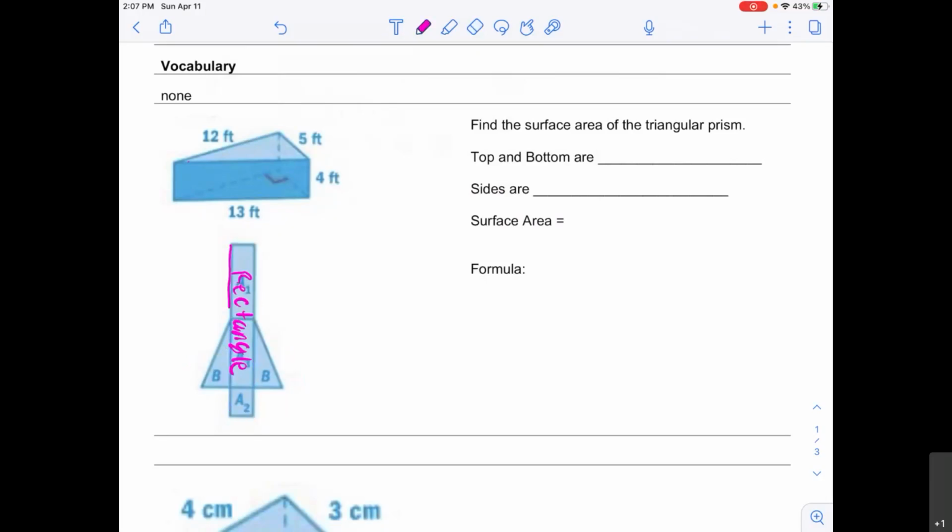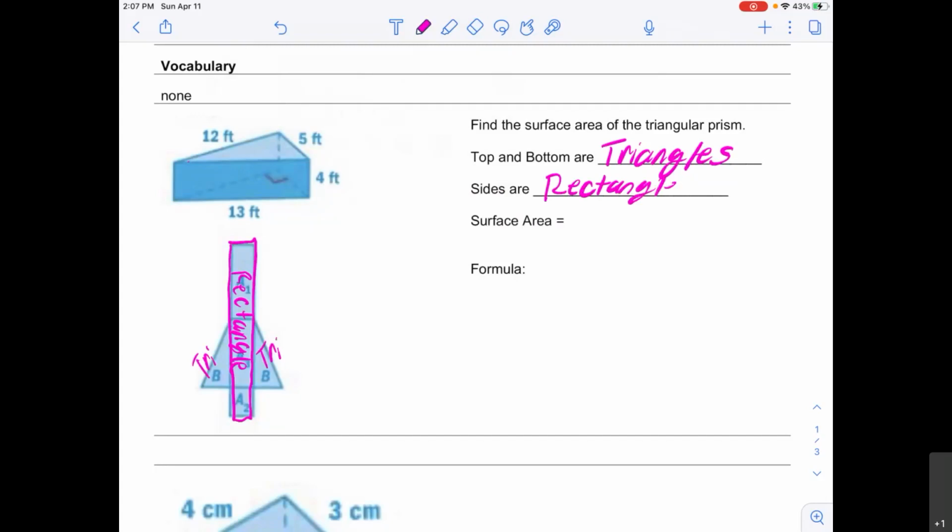So here I have one big rectangle, and I have two triangles that are the top and bottom. Filling it over here, I see that both the top and the bottom for this triangular prism are triangles, and then the sides are one big rectangle.